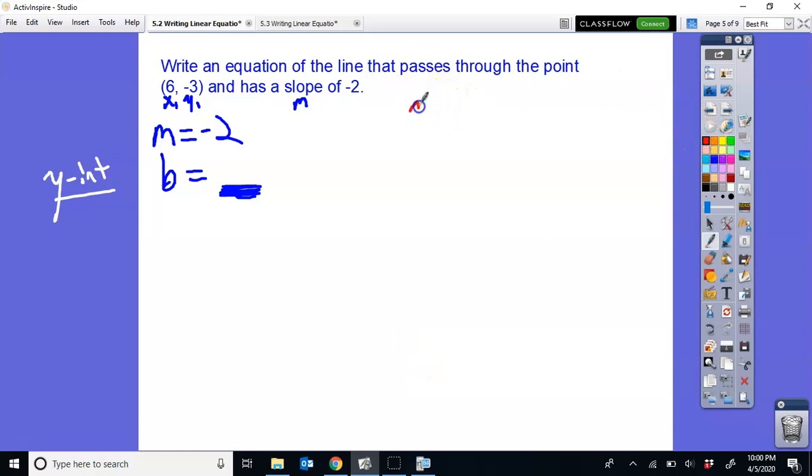We're going to use our same y equals mx plus b that we did before. But this time I don't have the m and the b. I have m, which is -2. So I'm going to plug in a -2 right there where the m is. I have an x value and a y value from this point. I have -3 as the y value and 6 as the x value.